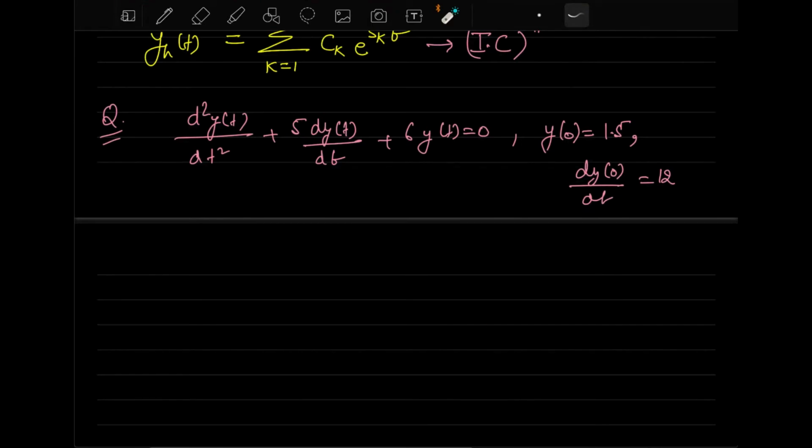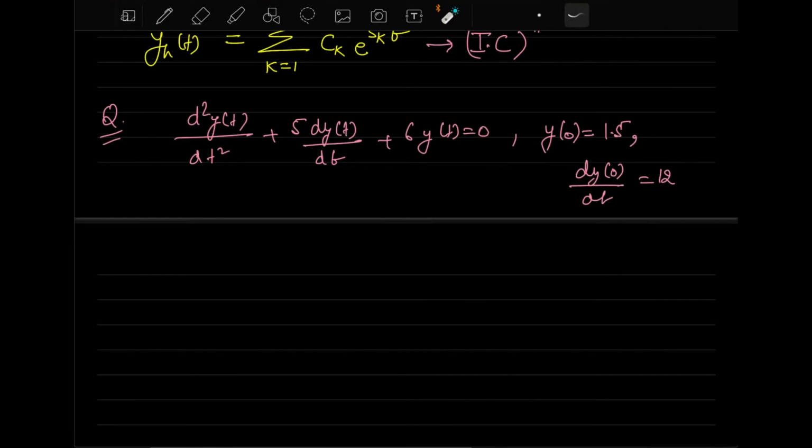As I told you, this is basically a differential equation where there is no input. As you can see clearly here, the input is 0. So this differential equation is telling you that it will give you a solution which is a natural response, because there is no x(t) involved here. That is the first thing that should strike you once you observe this equation.